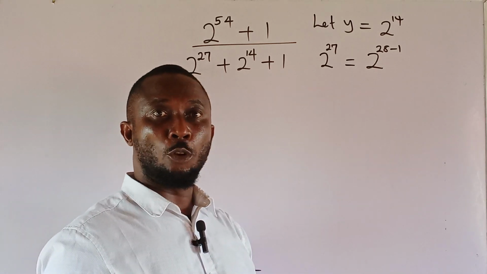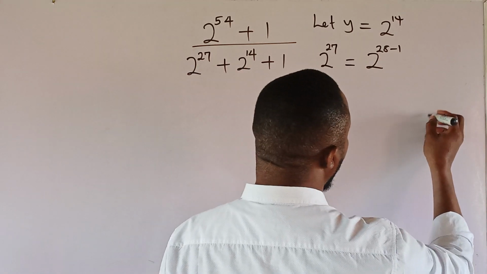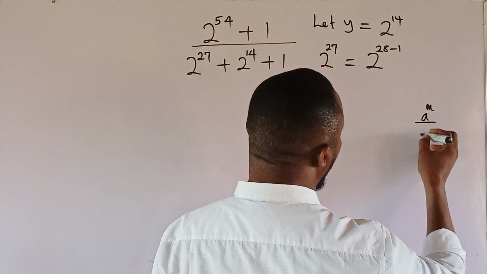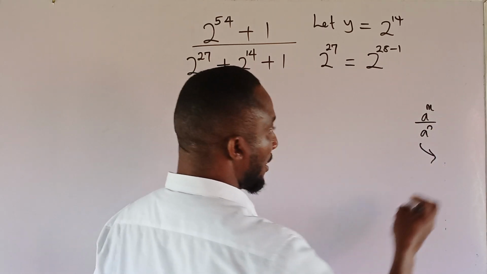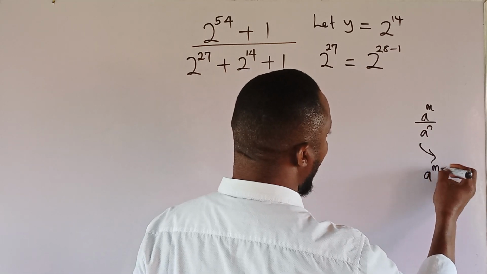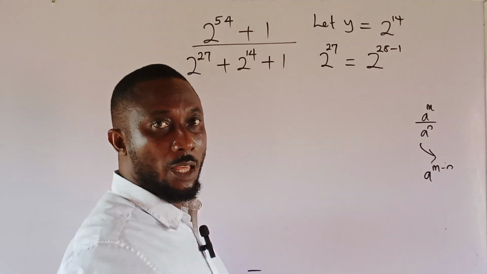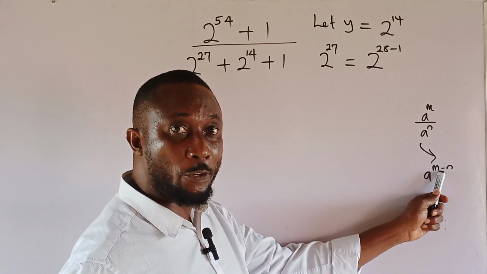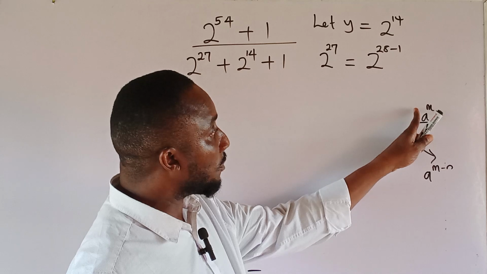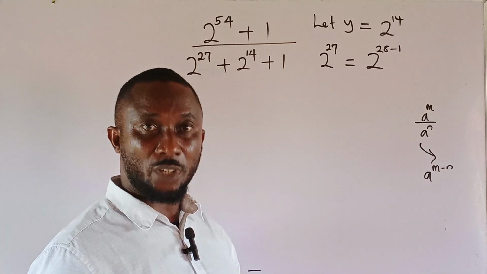Now, from the division rule of exponents, a to the m all upon a to the n is simplified as a to the power of m minus n. Hence, if I have a to the power of m minus n, I can devolve it into a to the power of m all upon a to the power of n.